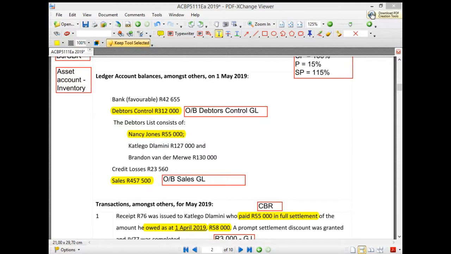It's also DJ and it's also 63,000. So I'm just going to change the colors here at the top. Okay, so there's the 63,000 from our debtors' journal, and we've captured it in our debtors control as well as our sales account.